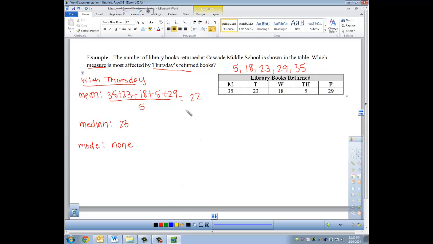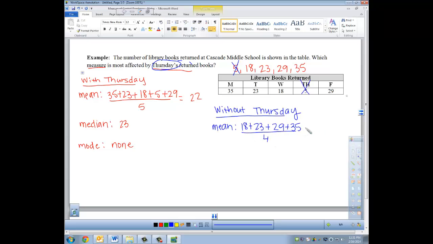Now in blue, I'm going to take Thursday out to see what difference it makes without Thursday. I picked Thursday because it said which is most affected by Thursday's returned books, so we look at Thursday specifically. So the mean will now be 18 plus 23 plus 29 plus 35, and now we're going to divide by 4.